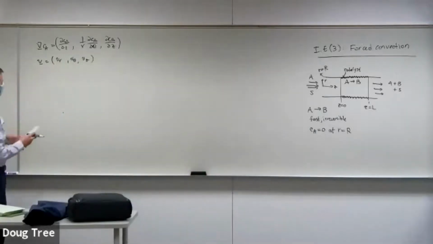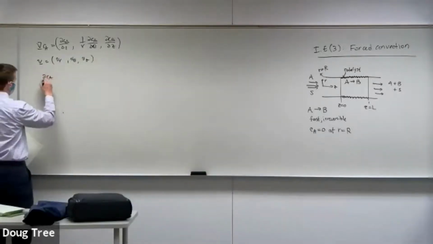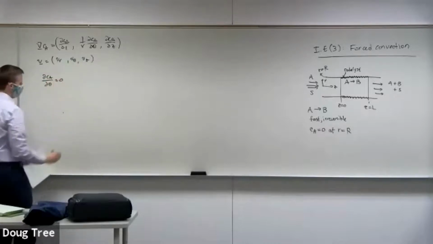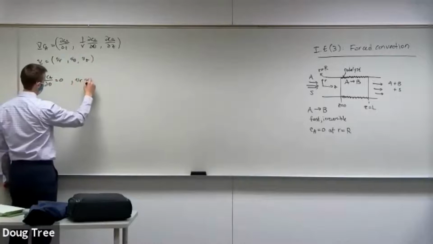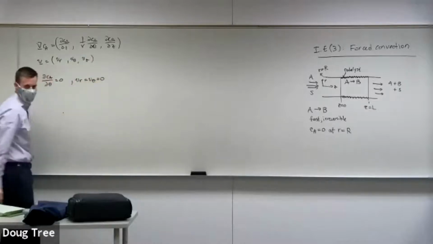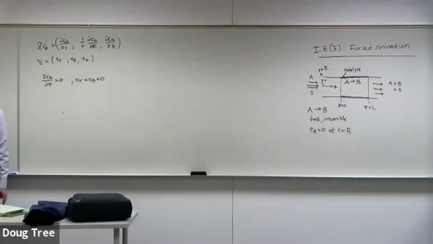So we know that by symmetry dCA d theta is 0, so that term in the product is going to go away. And we also know that Vr and V theta are equal to 0, because we don't have any velocities going outward. We don't have any velocity spiraling around.